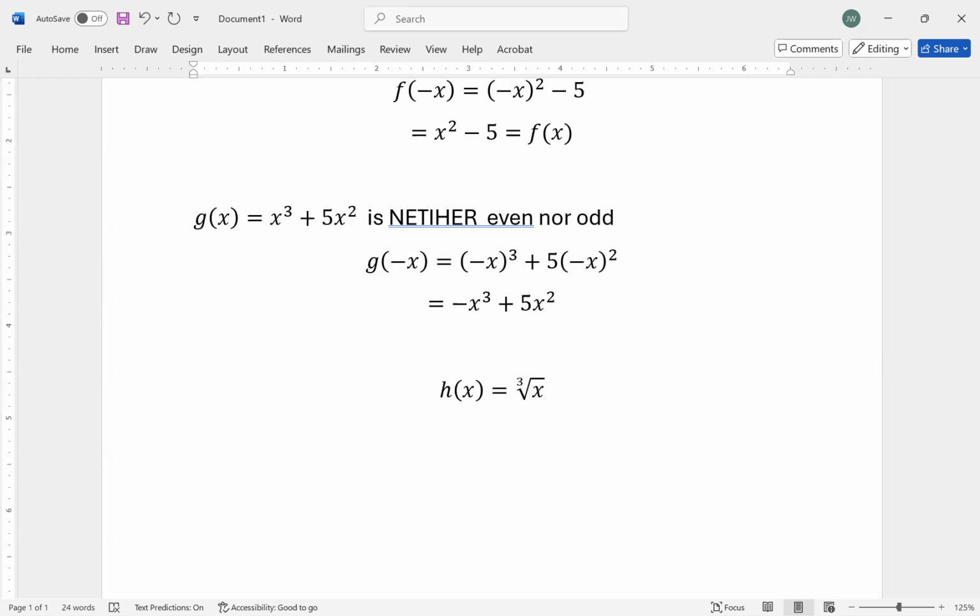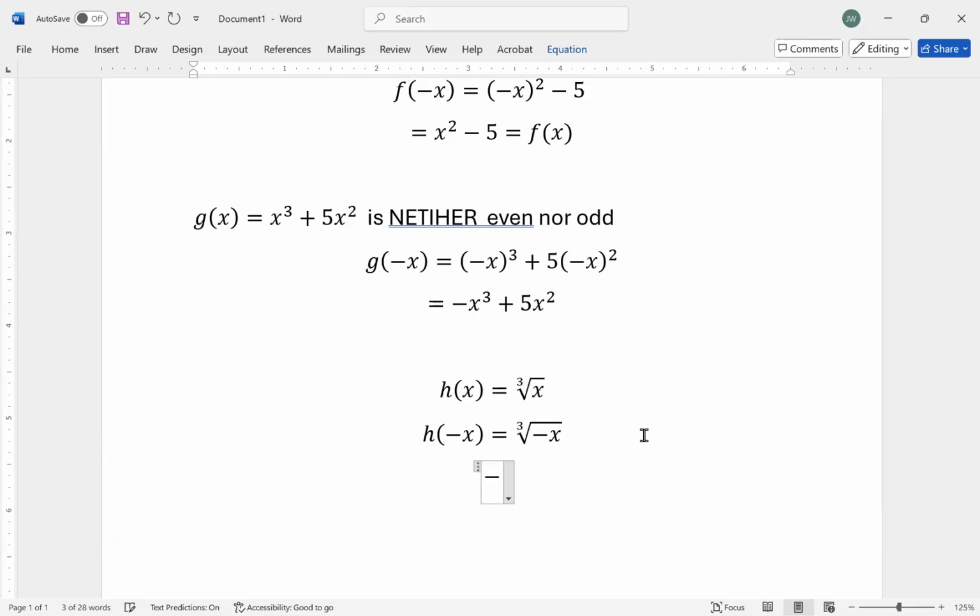Let's look at h of x and do the same thing. Plug in negative x. Now, for this one, the cube root of x becomes the cube root of negative x when I plug in a negative x.